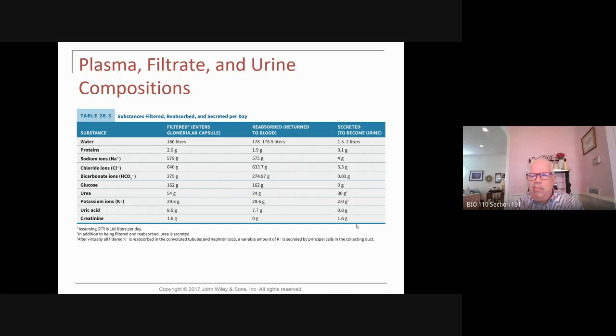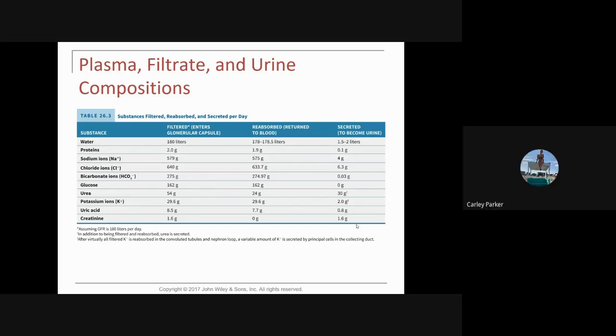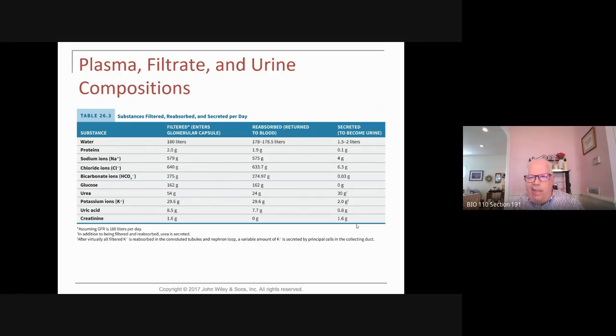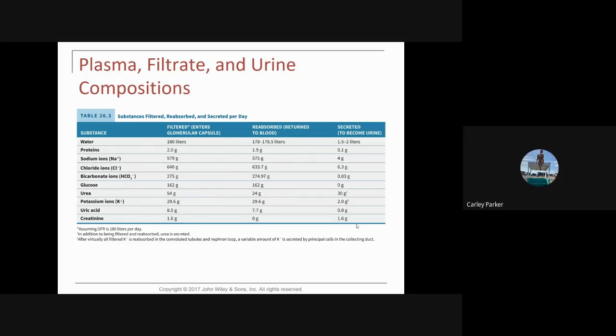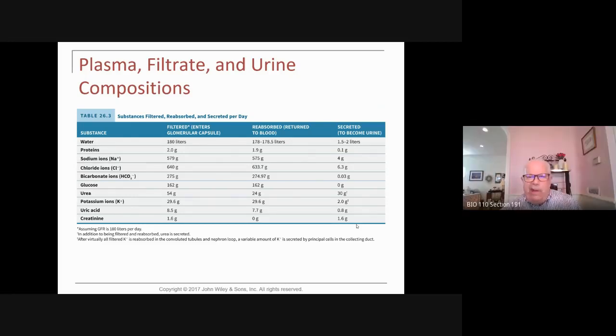Carly, by looking at this chart, how much glucose should be in your urine? It says 0 grams. That means there should be no glucose in your urine, correct?